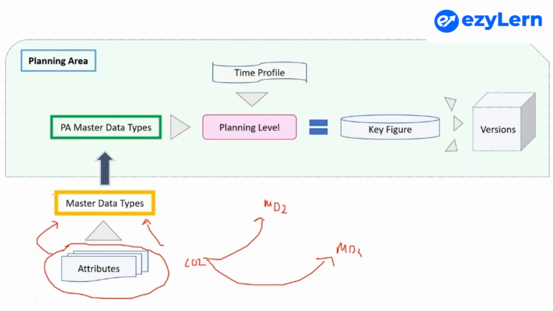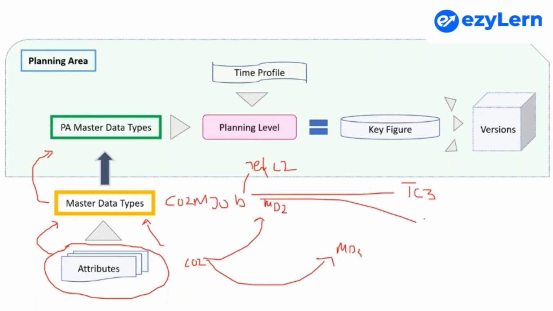Once you create and activate the master data, you further extend this to a planning area. So the master data that I created, CO2 and job, could be part of test config 2, test config 3, and also test config 4.